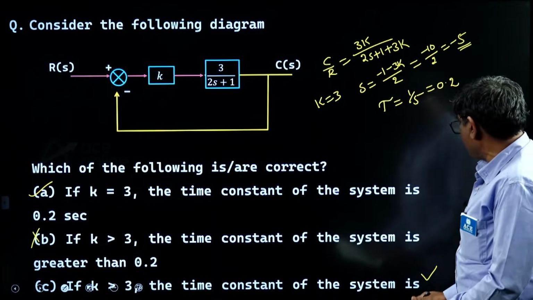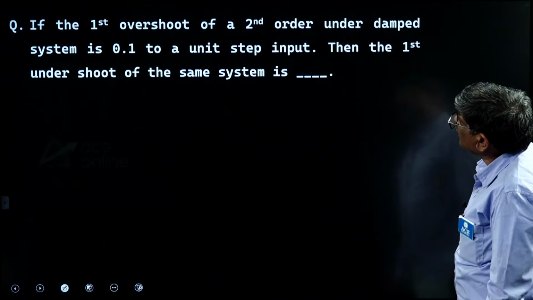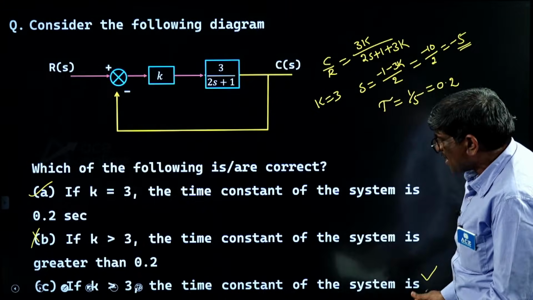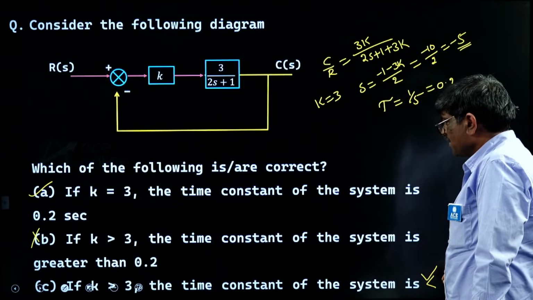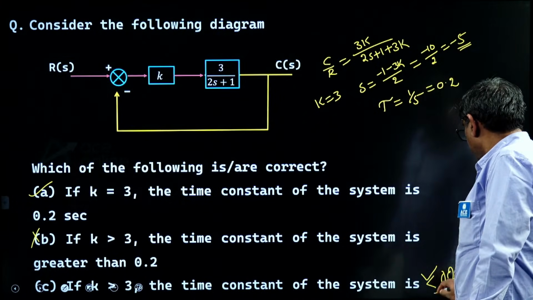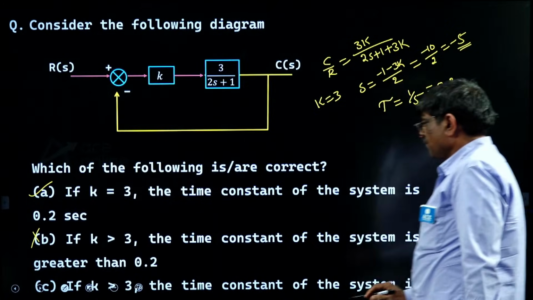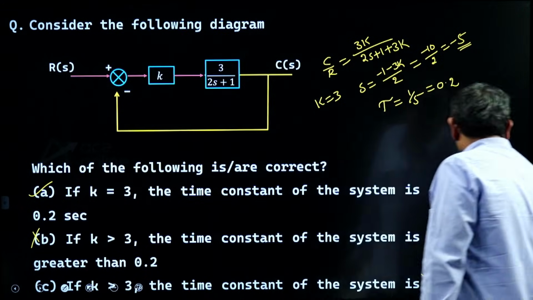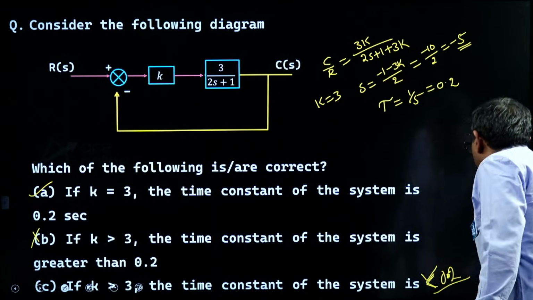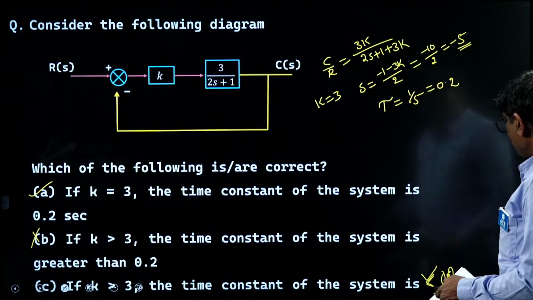The time constant becomes less. Next one, I think it is on the next slide. The time constant is less than 0.2. A and C are correct.